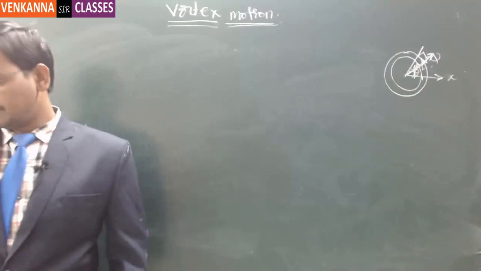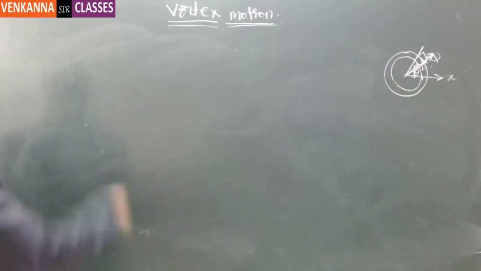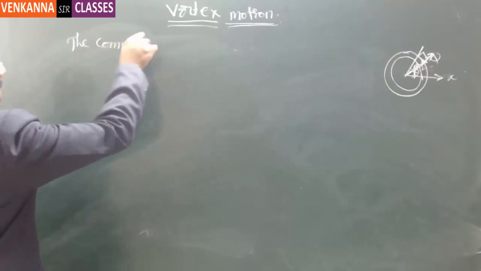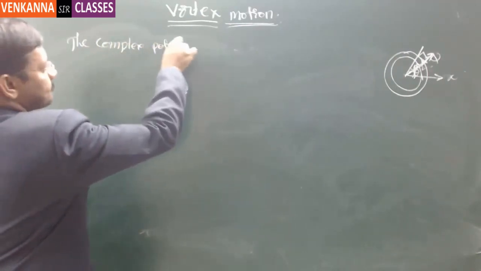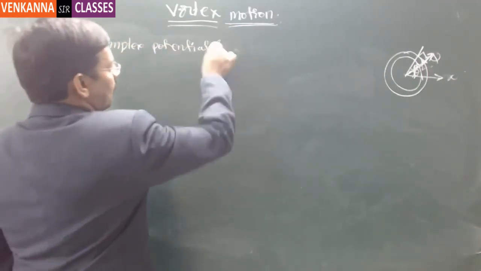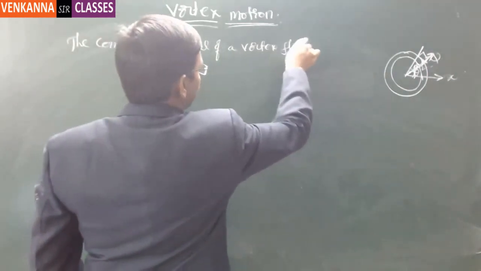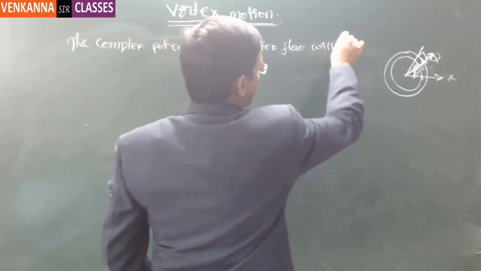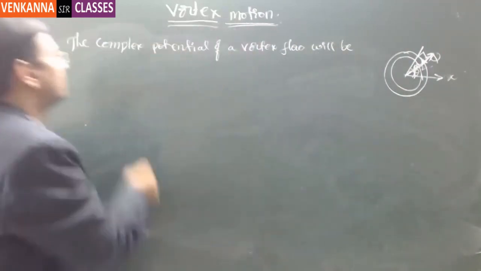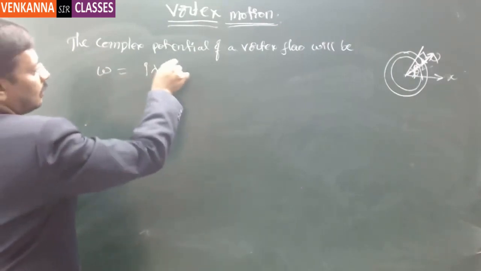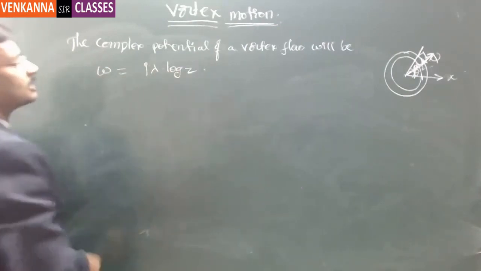Exactly. Got it? So the complex potential of a vortex flow will be W is equal to i lambda log z. So this is the complex potential.